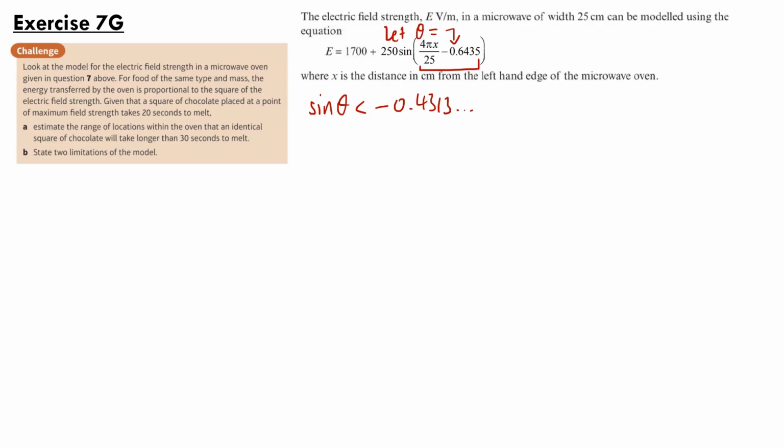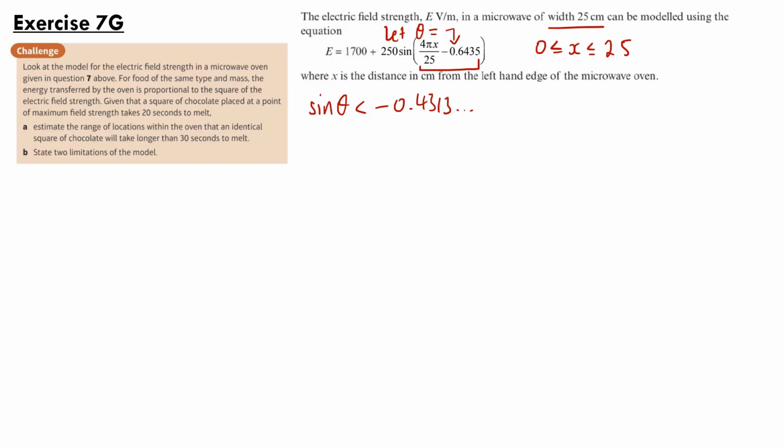It would probably be a good start to figure out what interval we're looking to solve this inequality for. So we know that we're looking at a microwave of width 25 centimeters. So we've got 0 less than or equal to x, less than or equal to 25.